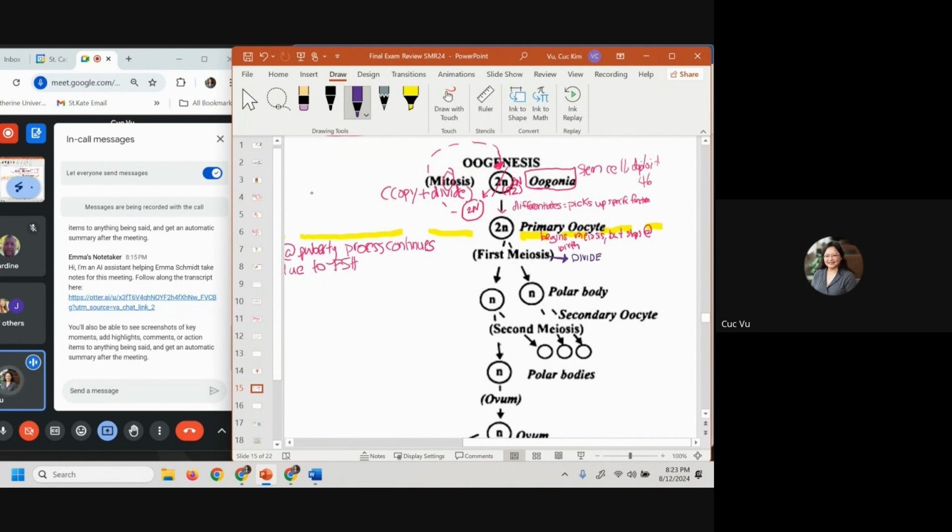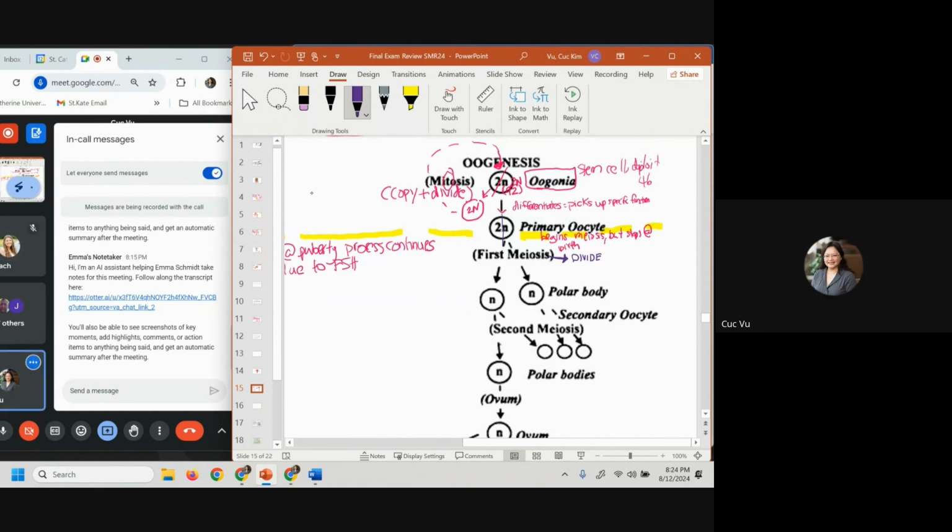The cell is just going to divide. And that's what happens in meiosis 1. So you can see here the primary oocyte starts to undergo meiosis 1, but it doesn't complete until puberty. At puberty, with the stimulus of follicle stimulating hormone, it's going to completely divide. And that's why from one cell that was a 2N, it's going to split and become 2 cells that are a what? A haploid, or only one N.